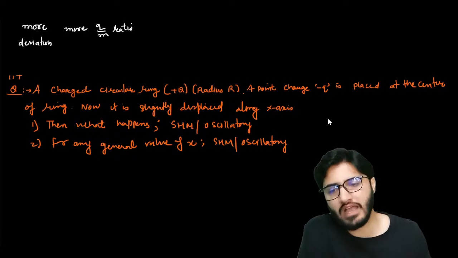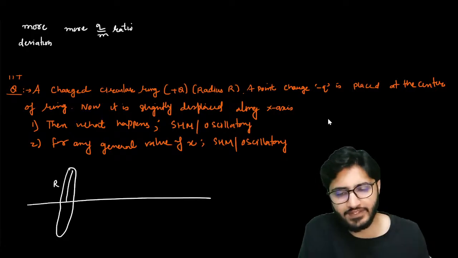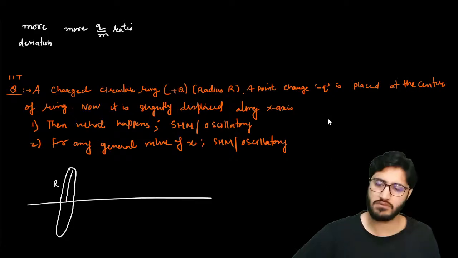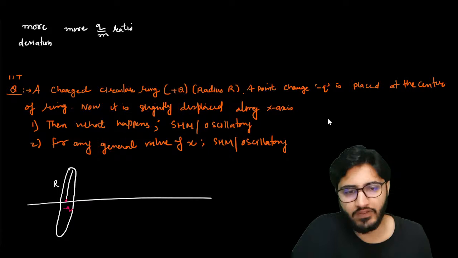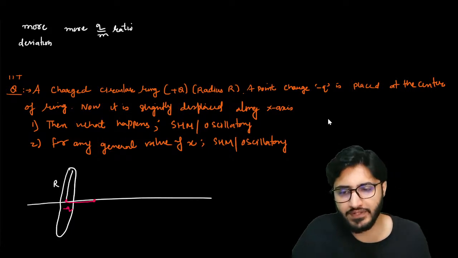Look beta, we have a charged circular ring like this. Its radius is r. This is my axis. We have a minus q charged particle at the center. Now we displace the minus q charge along the x-axis up to this particular point, a slight displacement.